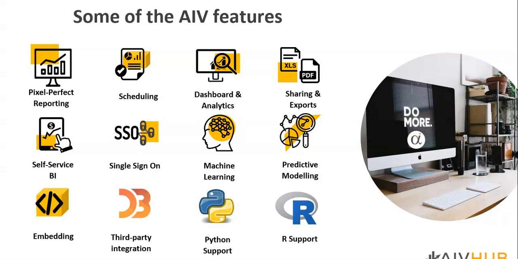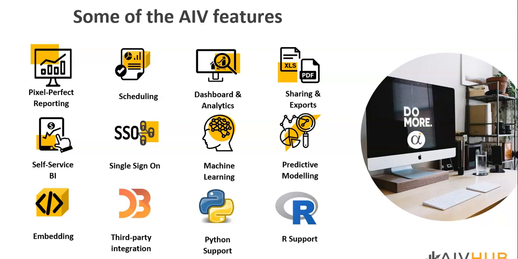These are some of the high-level features of AIV. Since it's a complete self-service BI, any non-technical user can design and build their own dashboard and perform analytics on it. Not limited to this, they can even create pixel perfect reports, schedule those reports, and automate the entire reporting process.